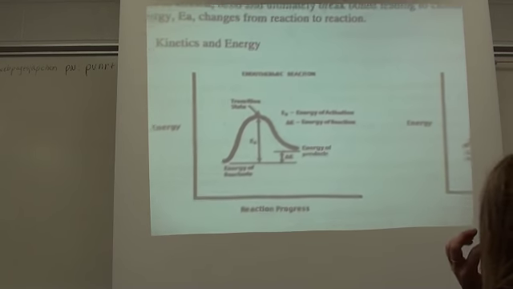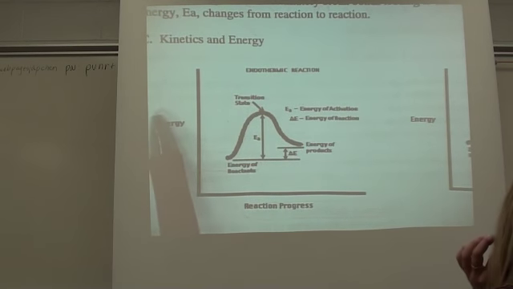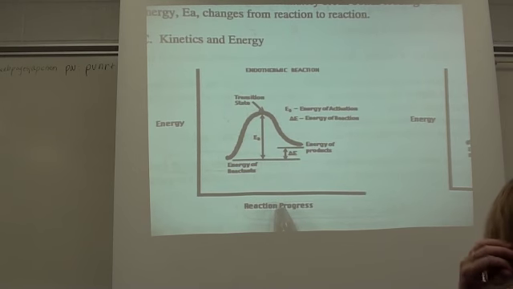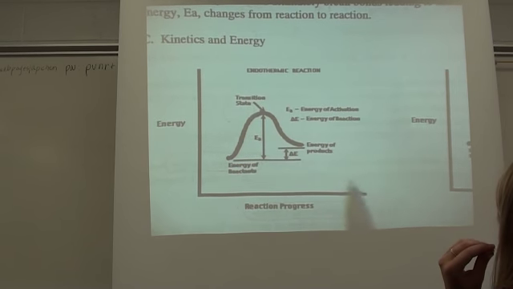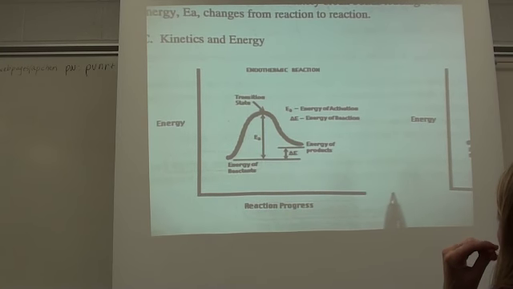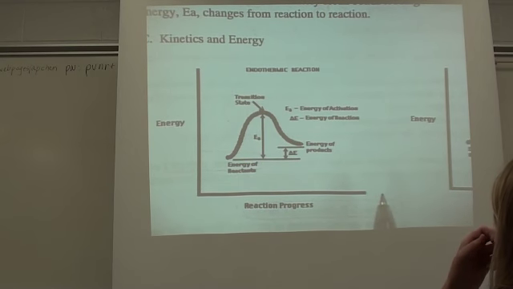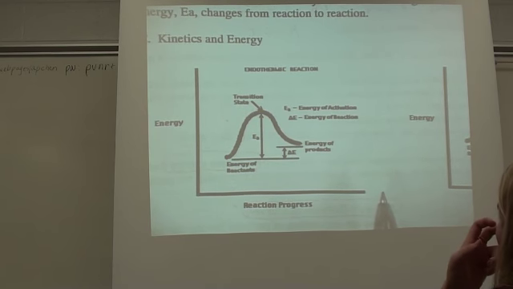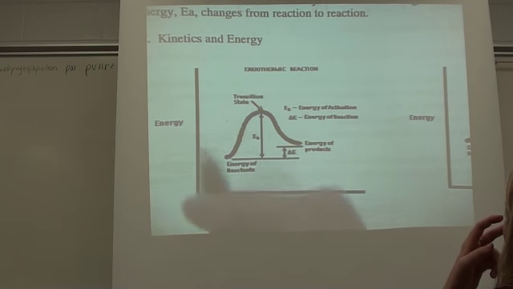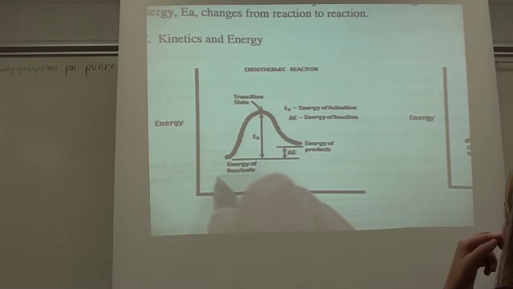So here is an endothermic reaction. We have energy on the Y, the reaction progress on the X. I need to hearken back to something from thermodynamics. What do you call the energy of reaction? The enthalpy.